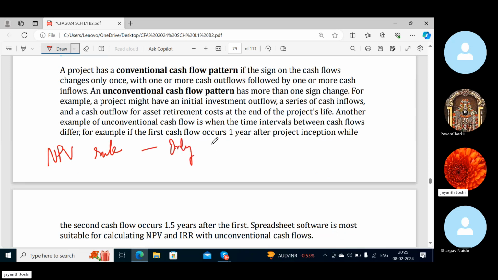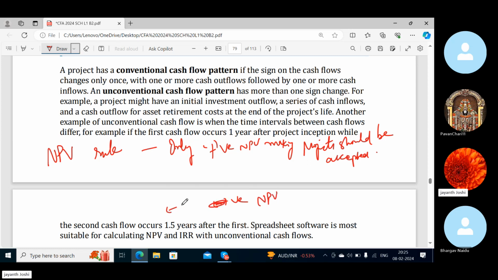Only positive NPV making projects should be accepted. Negative NPV projects should be rejected.